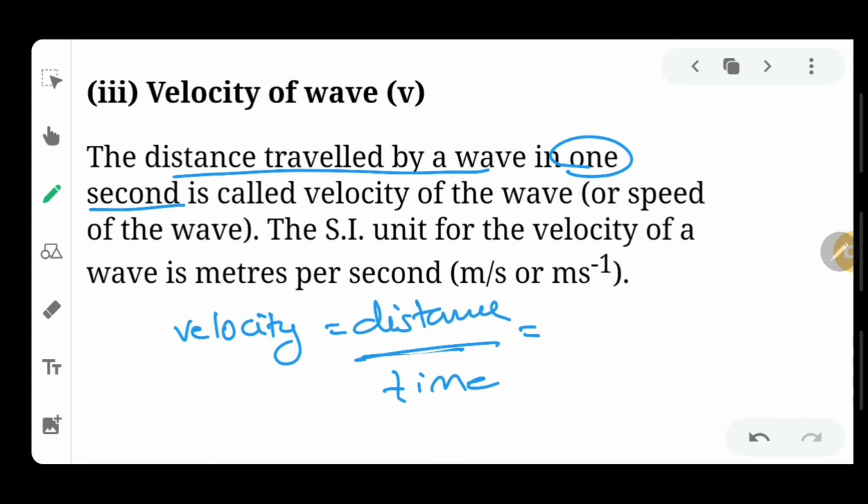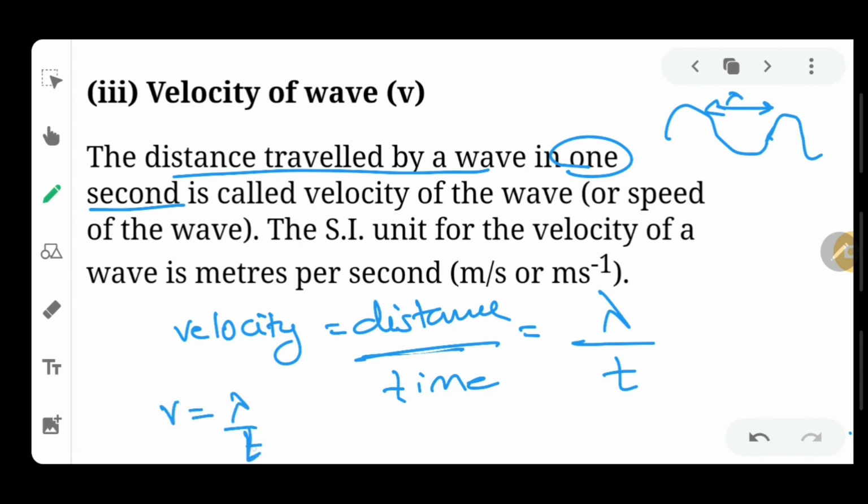If you consider one wave, students, then what is the distance covered by one wave? It's nothing but your lambda. So wavelength upon time, which is t. So here the relation is v is equal to lambda by t.